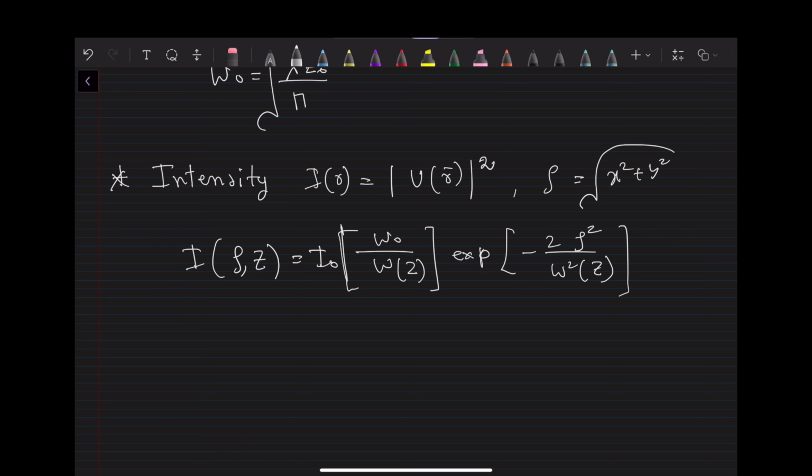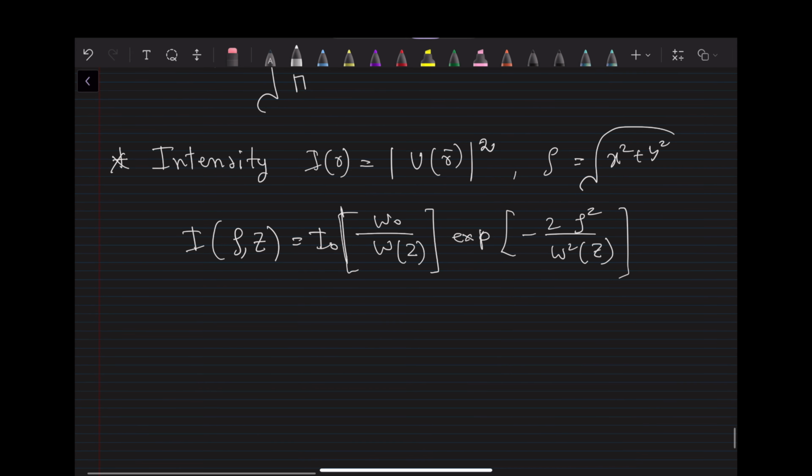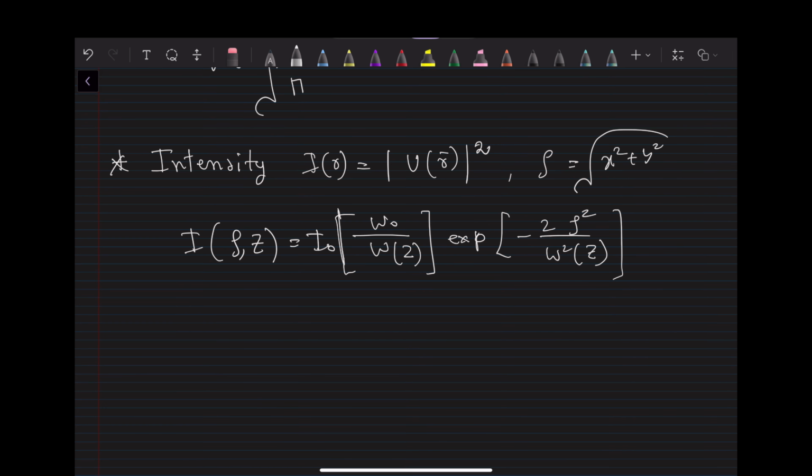One thing we want to find out is how the beam looks on the axis, that is, on the axis rho is 0. Now what is called a Gaussian beam? For any z, the intensity is a Gaussian function. So that's why it's called a Gaussian beam, right?